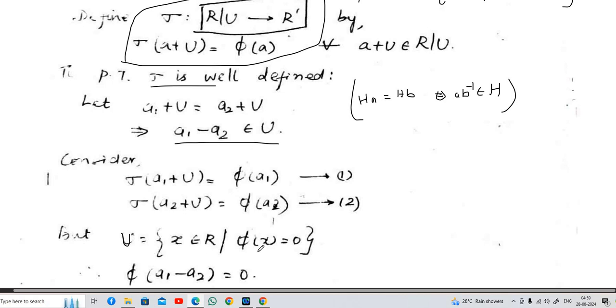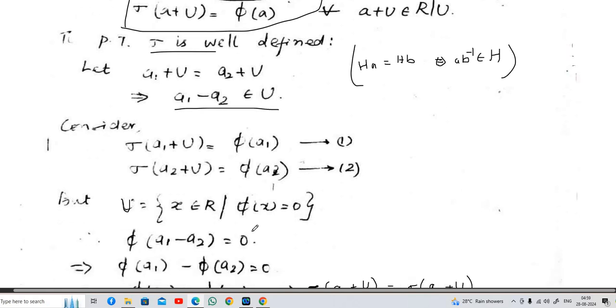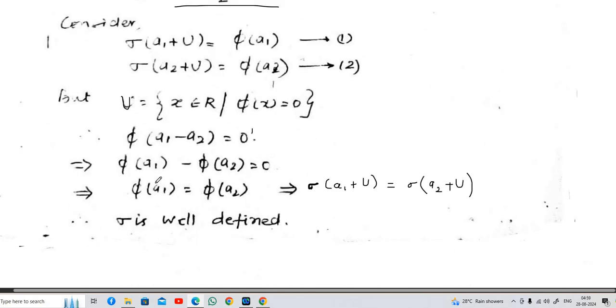But U is nothing but this. So because A1 minus A2 belongs to U, phi of A1 minus A2 should be 0 prime. But because phi is a homomorphism, this is phi of A1 minus phi of A2.